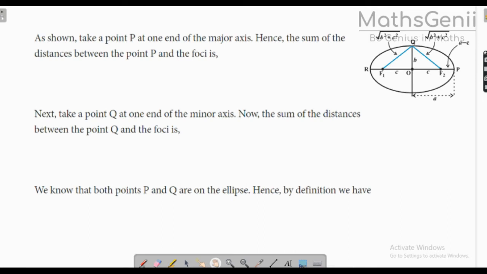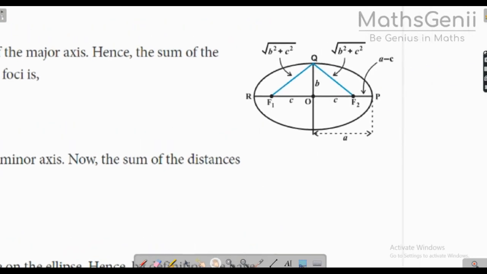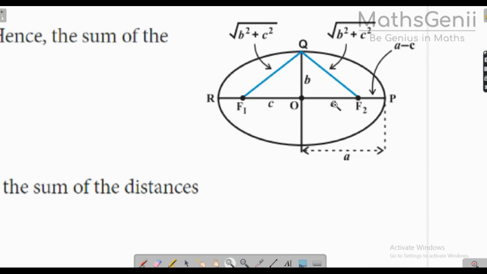Let me zoom the diagram for you. Your point P and point Q are on the ellipse, so they satisfy the ellipse. So we are going to make use of these 2 points. Take a point P at one end of the major axis, and hence the sum of distances between the point P and the foci is what?